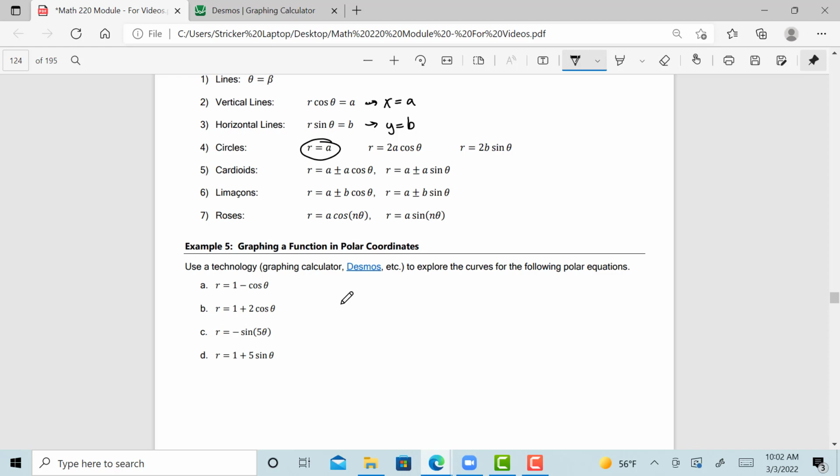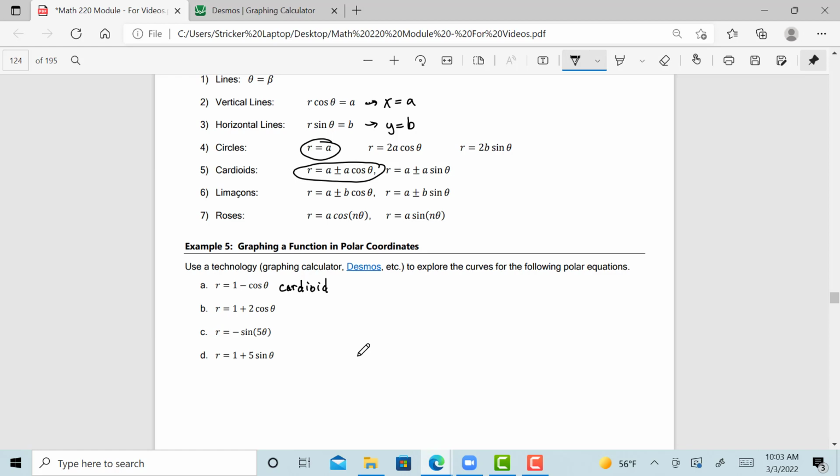Just looking at these graphs and matching them up to the form that you see above, we can see that 1 minus cosine theta is going to be a cardioid, like number 5 here, because the number in front of the cosine and the number in front are the same. So that's a, right? This is going to be a cardioid. And we'll take a look in a second at what the graph of that looks like.